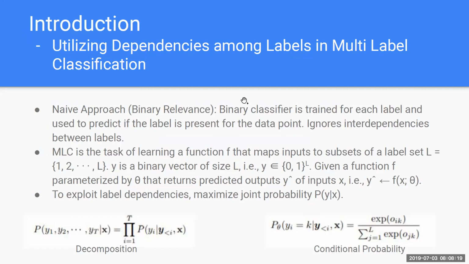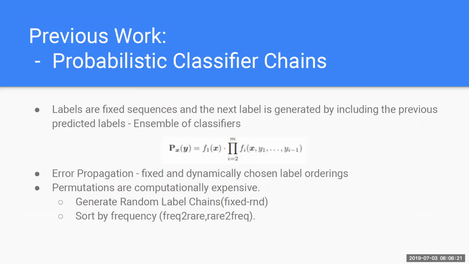One of the earliest methods to model those dependencies was something called a probabilistic classifier chain, which is basically an ensemble of classifiers. Your joint probability is decomposed into several functions, so it's going to be a product of these functions, where these functions are your classifiers.